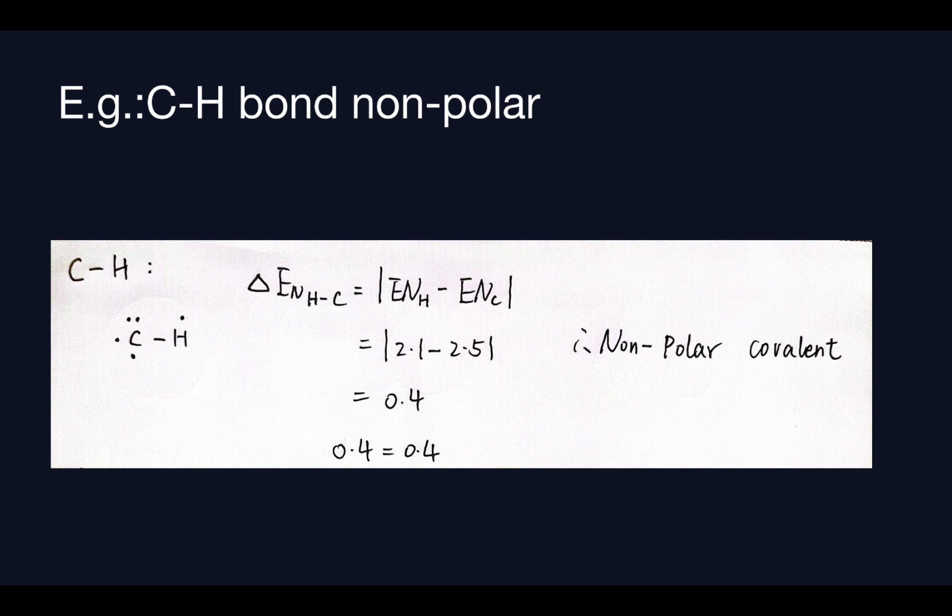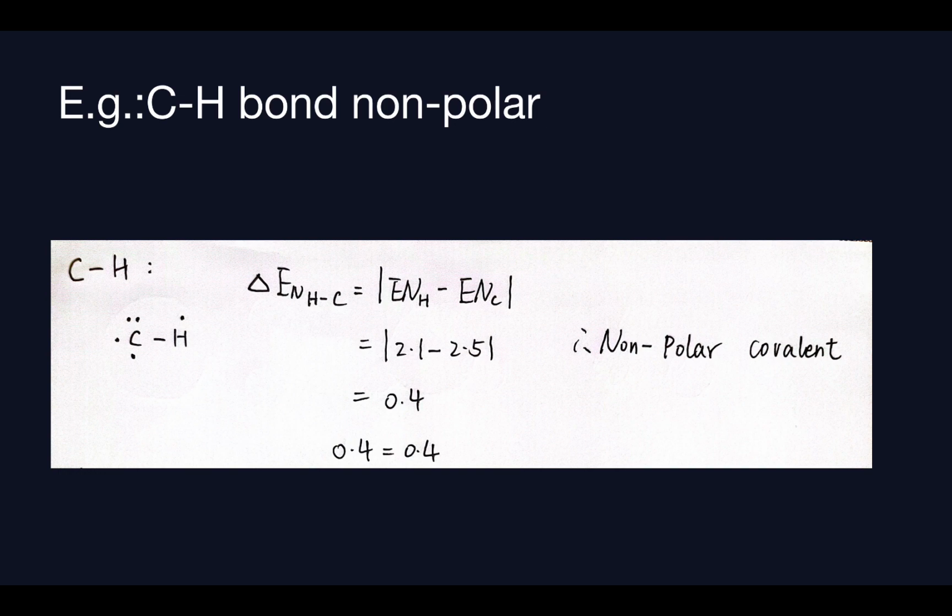By calculating delta EN of the C-H bond, which is the electronegativity difference, we should use the absolute value of the electronegativity of H minus the electronegativity of carbon. Using the periodic table and the data formula that the teacher gives us, the electronegativity of H is 2.1, while the electronegativity of carbon is 2.5.